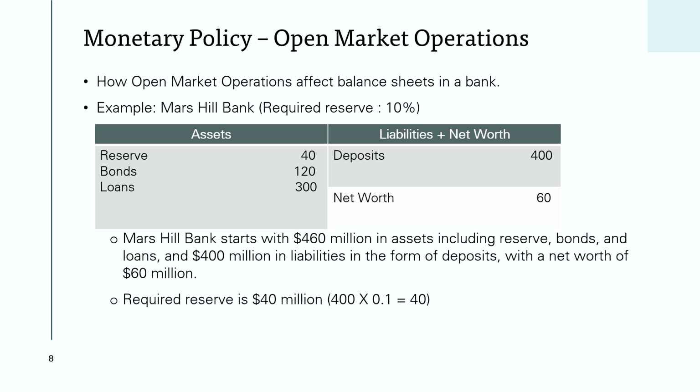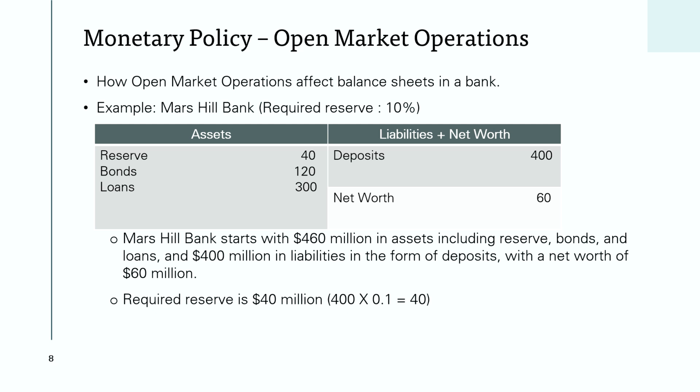So this is an example to explain open market operations. Mars Hill Bank begins with $460 million in assets, which include reserves, bonds, and loans. It also has $400 million in deposits as liabilities, and its net worth is $60 million.